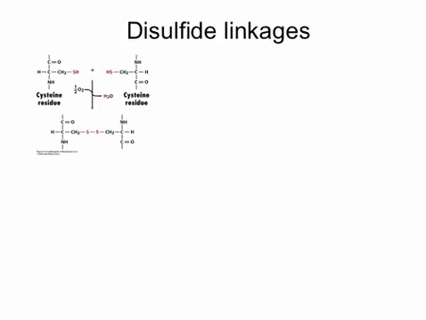Okay, now, we talked a little bit about what can happen with cysteines, right? Cysteine residues in a particular protein can actually form a particular linkage that we call a disulfide linkage. This is an oxidation reaction. Here, the cysteines are in their reduced form. In the presence of oxygen, they can become oxidized and form a linkage to each other.